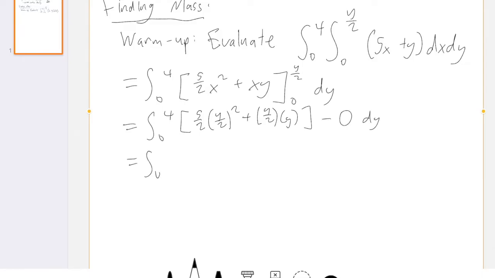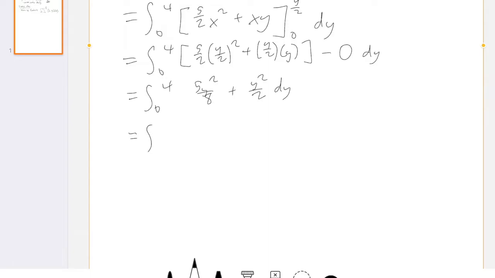So if we simplify that down, we'll get 5y squared over 8 plus y squared over 2 dy, which then becomes 9y squared over 8.